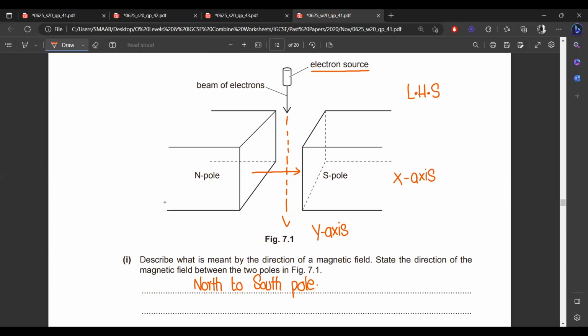So now let's suppose you need to place your first finger from north to south. We place our finger from north to south, that is from left to right. The second thing, we need to open up the second finger, and what will be the direction of electric current? Out of the page. Actually, this is an electron source, right? It is going to generate electrons.